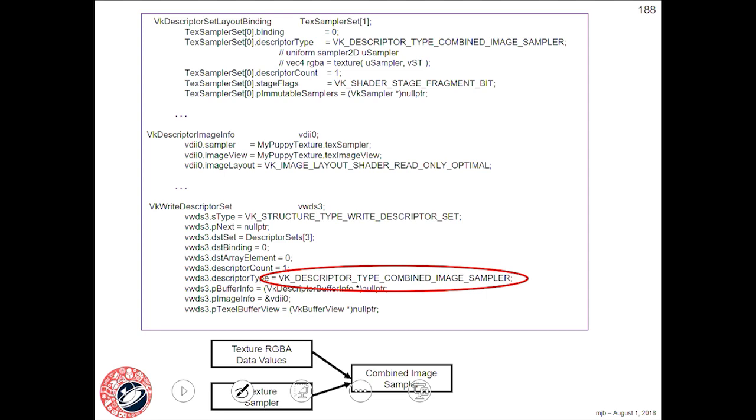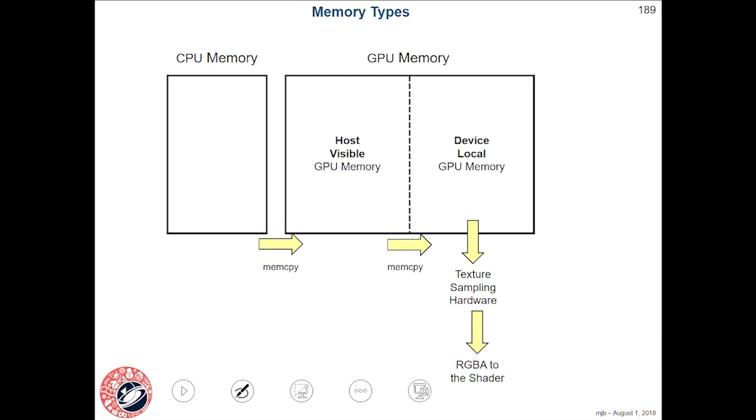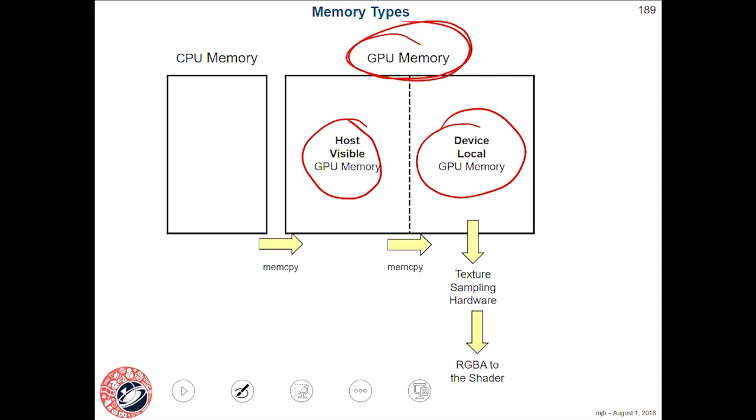And we've got a structure that's going to use a sampler. We just have to somehow get the sampler, the texture data, over. Well, there's multiple memory types in Vulkan, and one of them is host visible, and one of them is device local. And these are both GPU memory, okay?